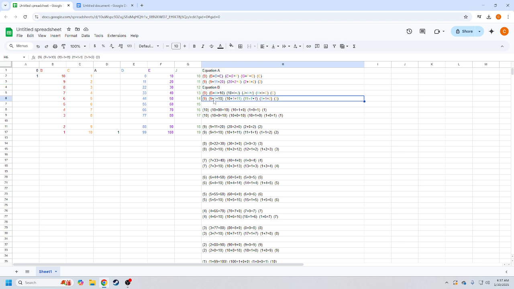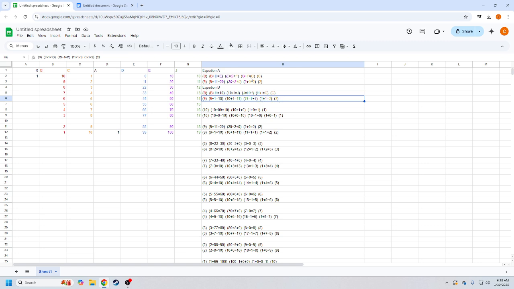So we take 9 plus 1 and we get 10. Then we take the other one and we get 10 plus 1 equals 11. We intercept 11. We get 11 equals 1 plus 1 because we split it, we intercepted it. And as we all know, 1 plus 1 equals 2.